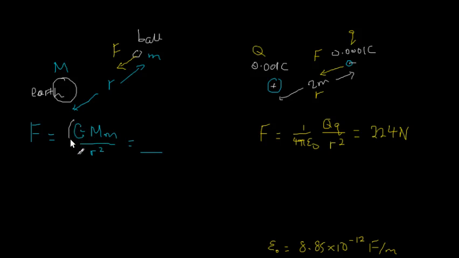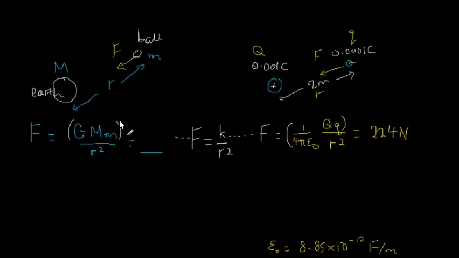and I can think of the rest of it, in this case the GMm, and in this case 1 over 4 pi epsilon naught and the Qq there, as just a constant. So what I could do is think that both equations, both Coulomb's law and Newton's law of gravitation, have the form where the force is equal to some constant divided by r squared.